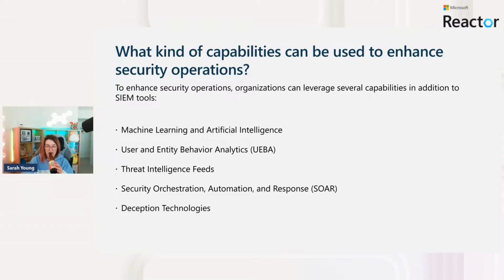And then the last thing there is deception technologies. Now, deception technologies aren't used by every organization. Deception technologies are things called honeypots, where you basically make a very vulnerable looking application or server and you try and lure attackers into fiddling around with that particular honeypot.